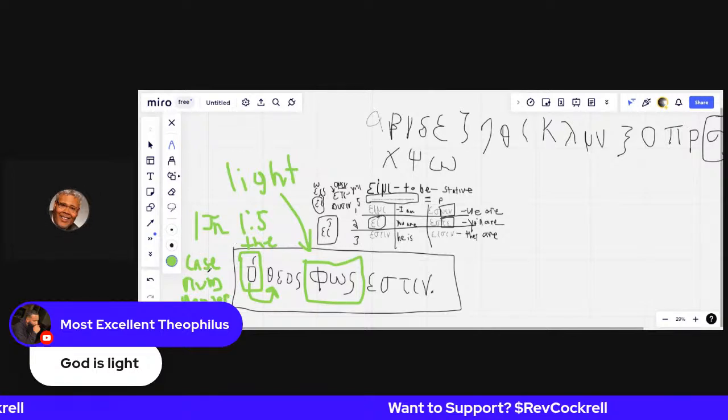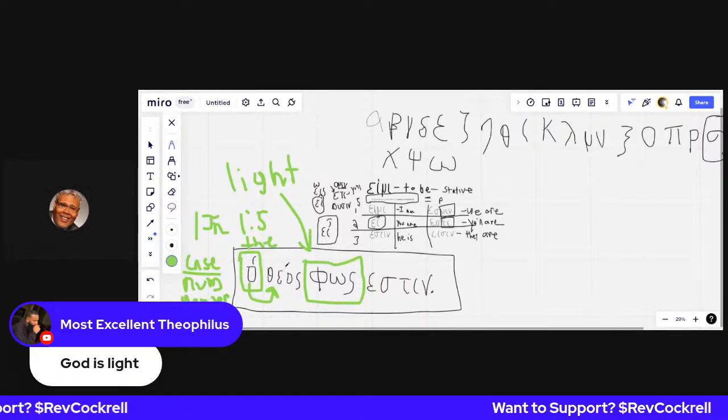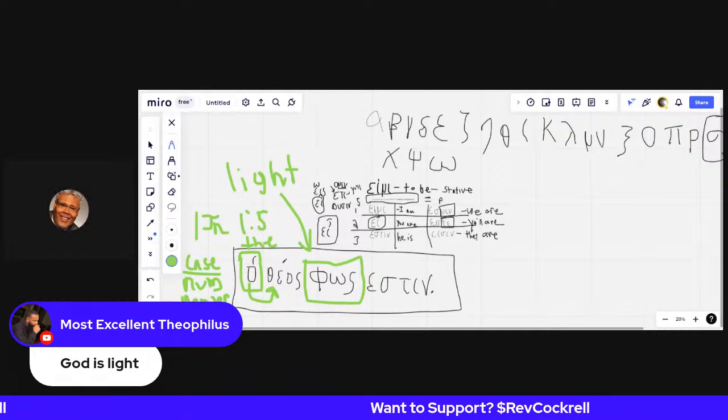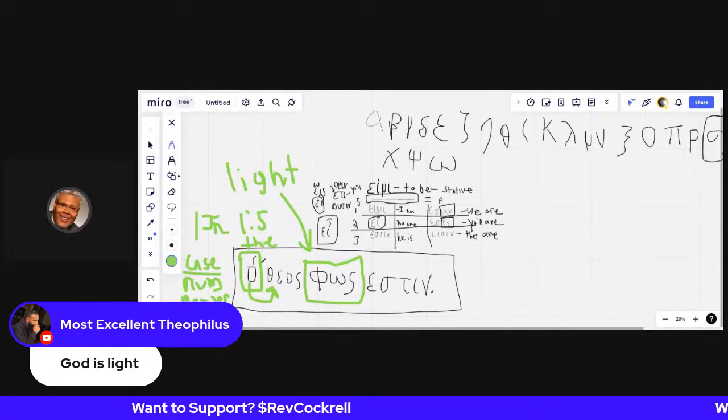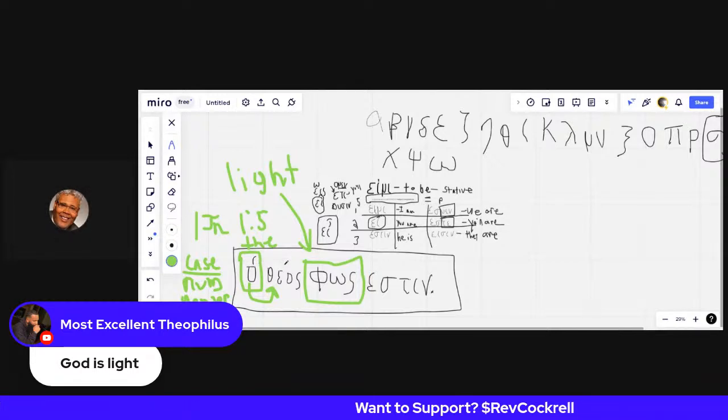But simply, case is how it is functioning in the sentence. Theos is a masculine nominative singular. So God here is the subject. And if you're ever in doubt, look to your article. Your article is always going to tell you this: case, number, gender.